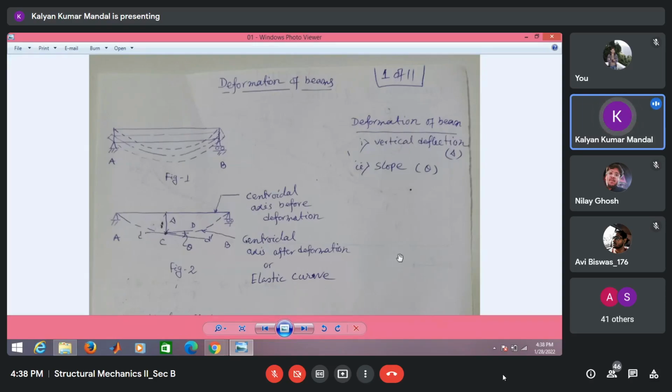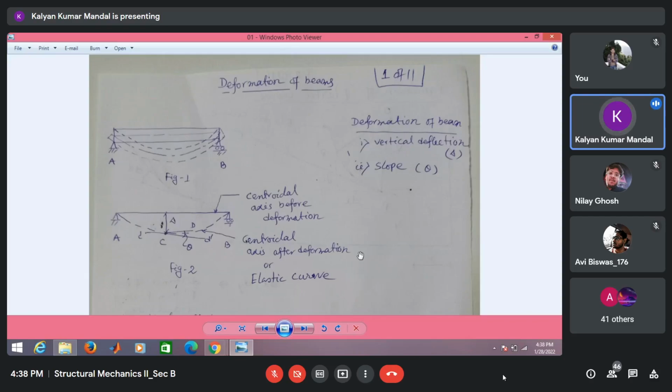In figure 2, this continuous line is the centroidal axis of the beam before deformation, and this dotted line is the centroidal axis of the beam after deformation or after the application of the load. The centroidal axis after deformation is called the elastic curve.